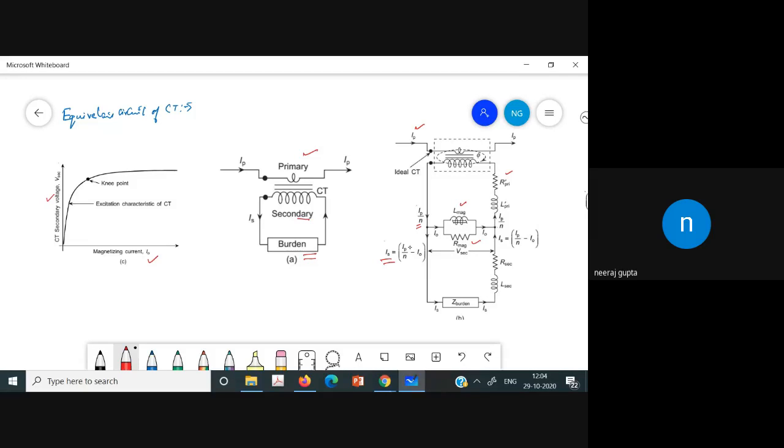Z burden includes the resistance and inductance of relay coils and the resistance of pilot wires or leads.